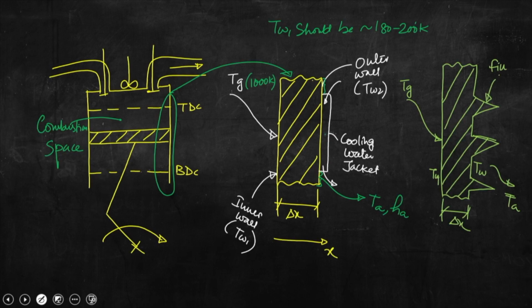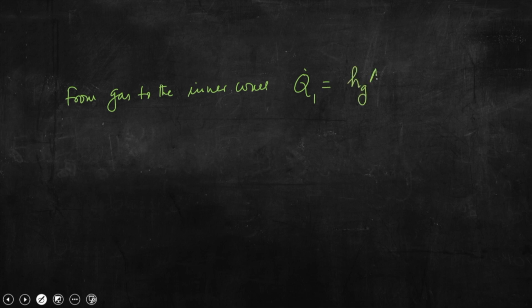First of all, convective transport of heat from the gas to the inner wall of the cylinder. If it is q dot 1, that equals hg A into (Tg minus TW1), right.